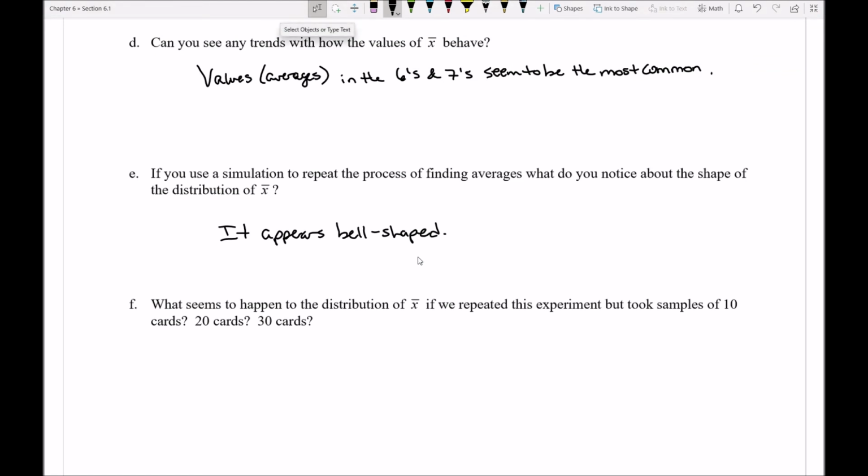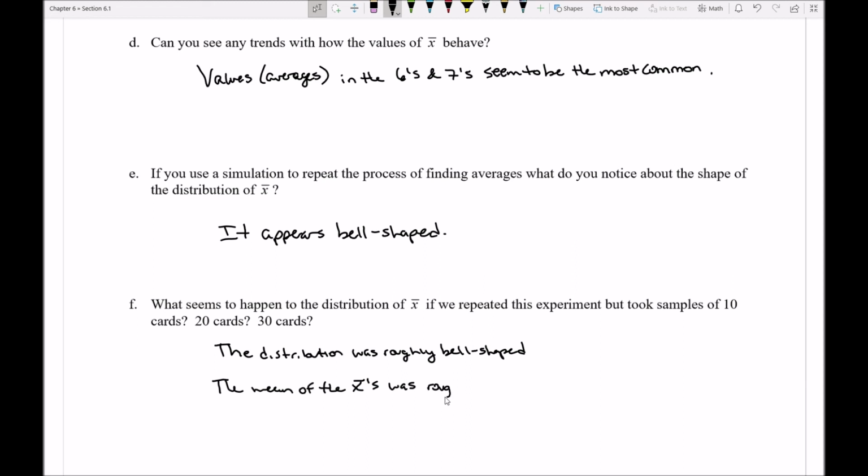However, in all of these things, we can notice that the distribution was roughly bell-shaped. We can also see the mean of the X bars was roughly the same as the mean for a single card.